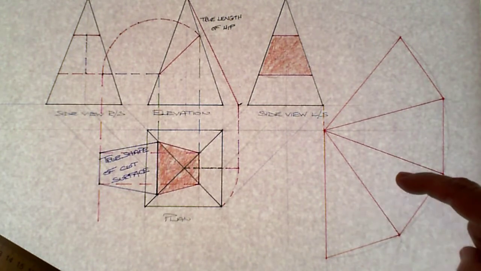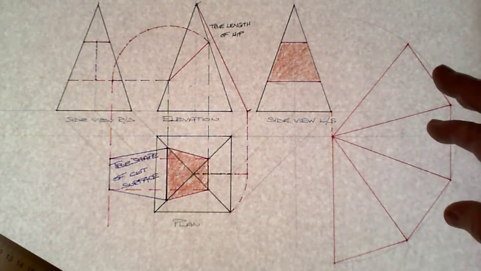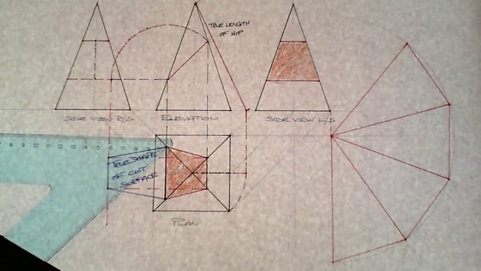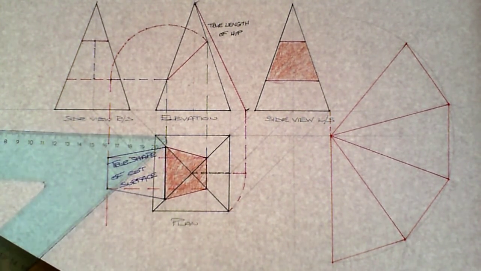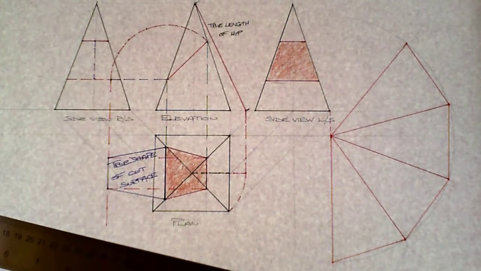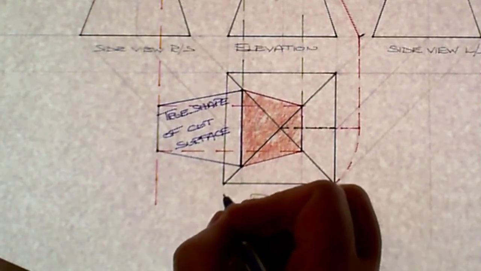Now I'm also going to draw in two important points. But before I draw those points in, I'm going to index the pyramid for clarity's sake. Again, I will use blue to signify the indexing.